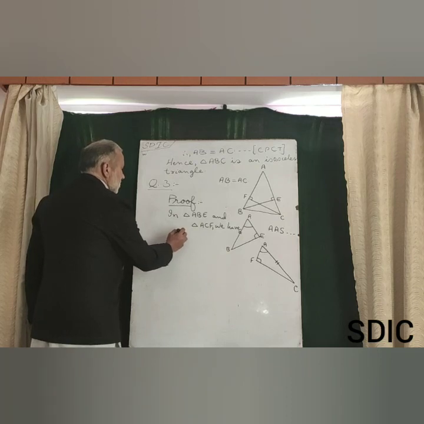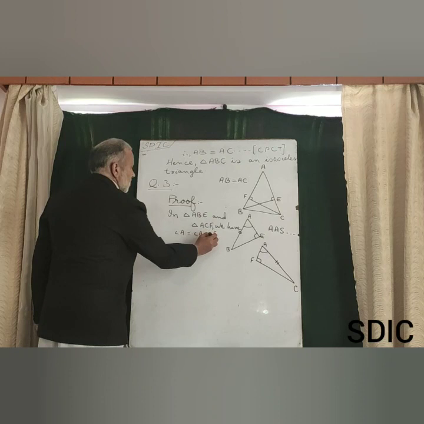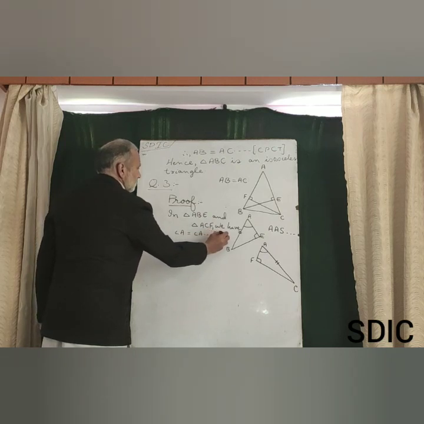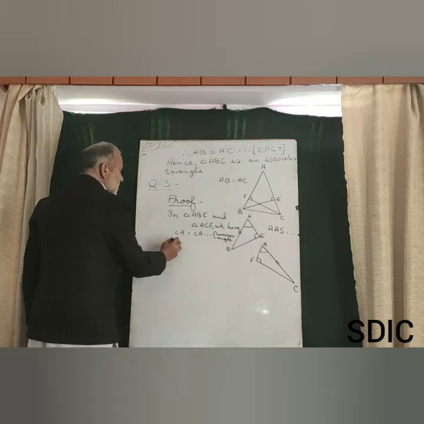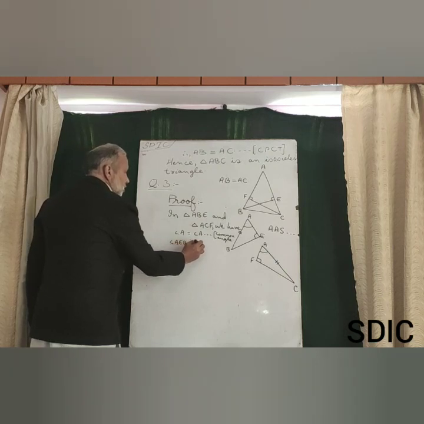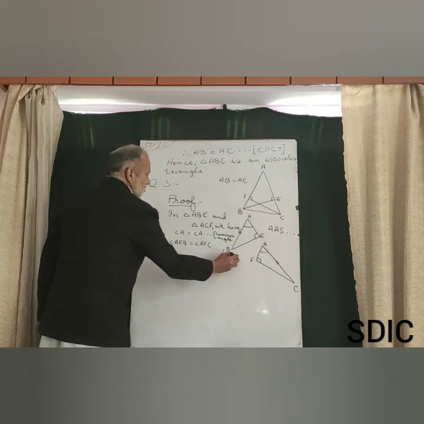Angle A is equal to angle A. The reason for this is common angle. Angle AEB is equal to angle AFC, each 90 degrees.